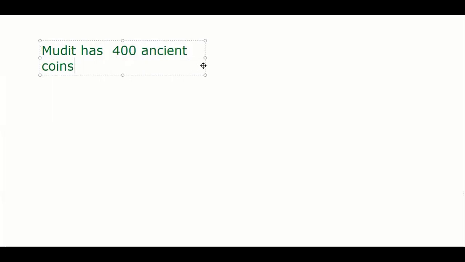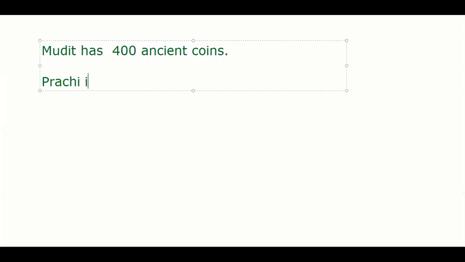Let's try one more question. Mudit will solve this. Mudit has 400 ancient coins. Okay, Mudit, he loves coins. It's a hobby. Mudit has 400 ancient coins. Then Prachi is his friend.